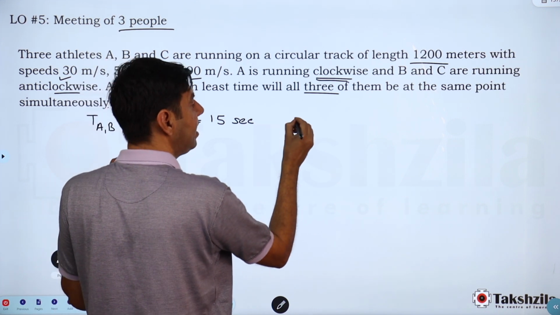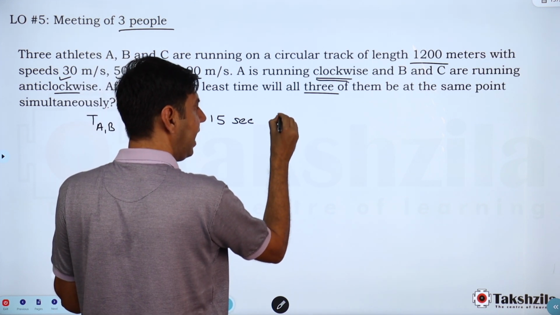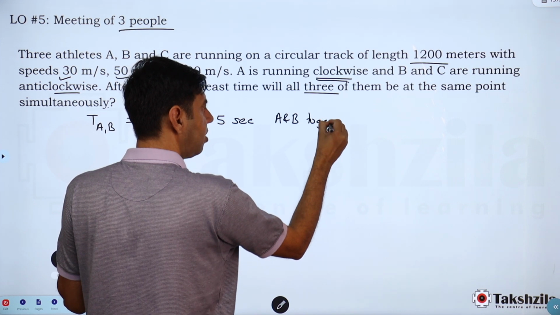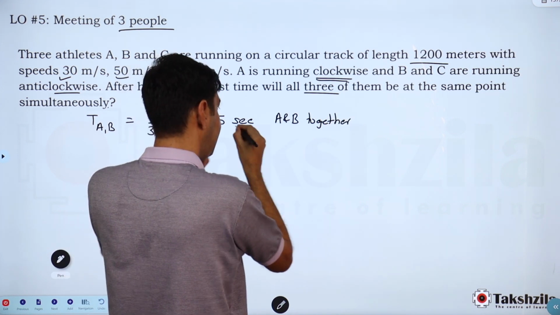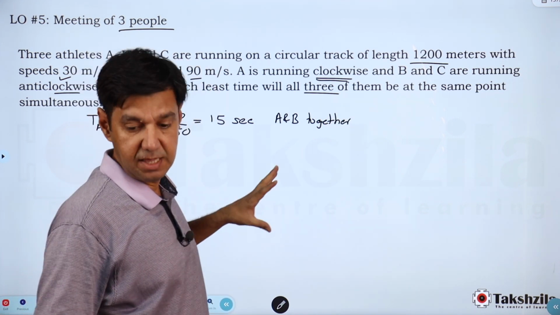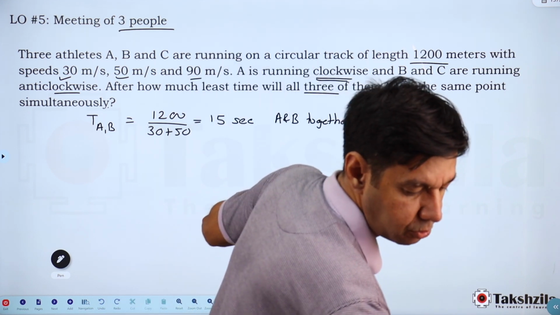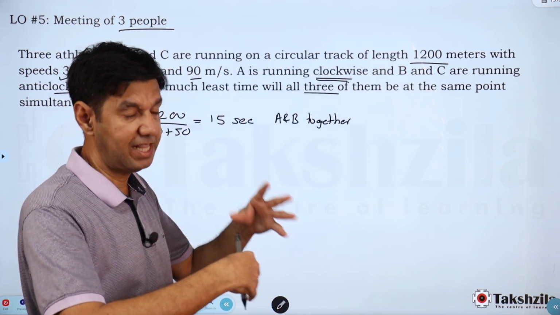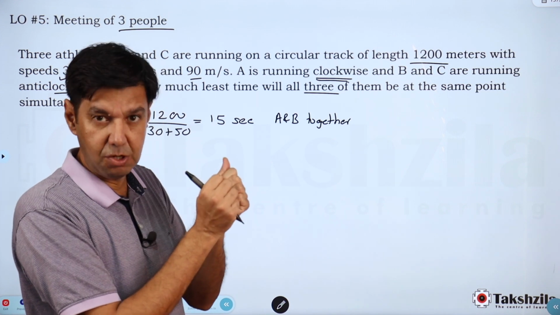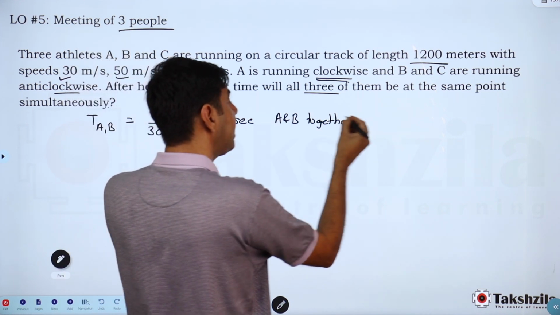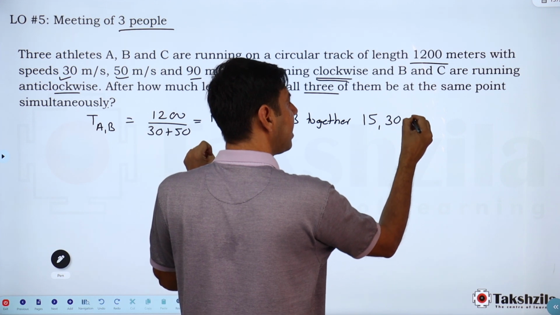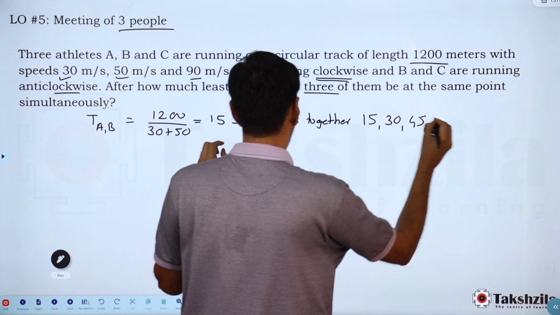What is significant is that A and B are together, not just after 15 seconds. And this is what I had talked to you about: circular tracks being tough, and how do you handle that toughness? By taking multiples. So 15 seconds, 30 seconds, 45 seconds and so on.